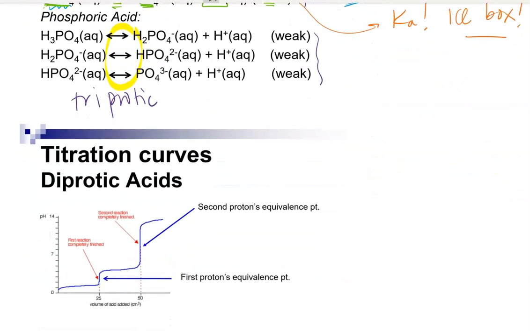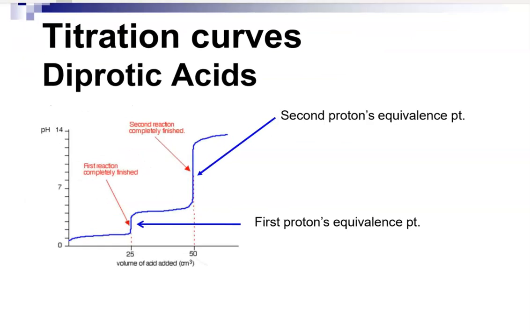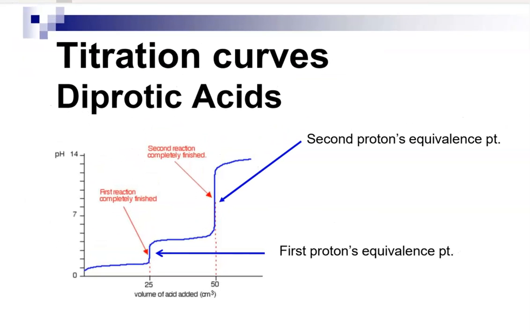Now, if you were to do a titration with a multiprotic acid, you would have another distinctive curve, because you would have the first H plus, and then you would have the equivalence point right here, and then you would have an equivalence point for the second H plus. So it has this two-stepper shape to it, which is indicative of a diprotic acid.